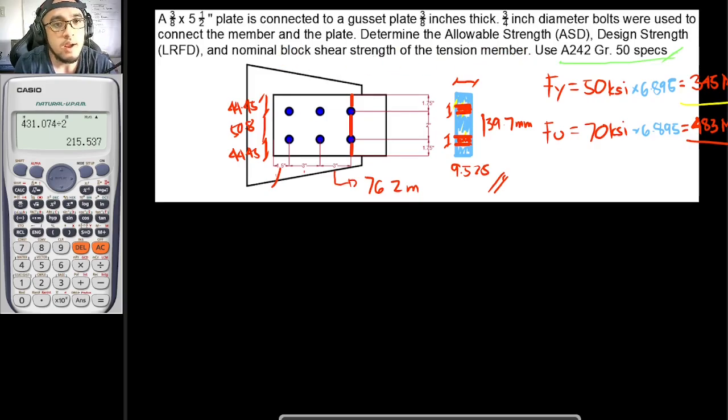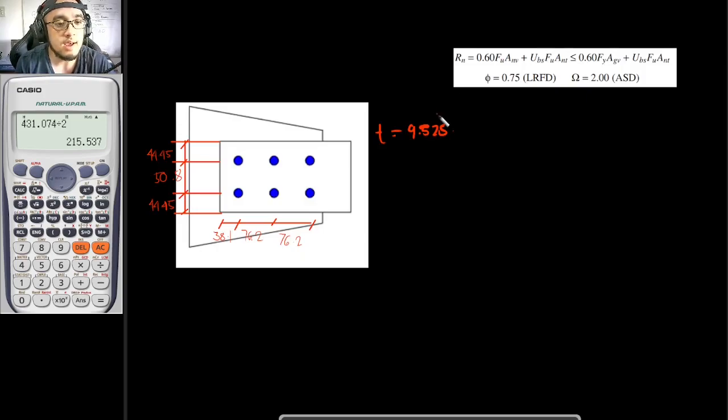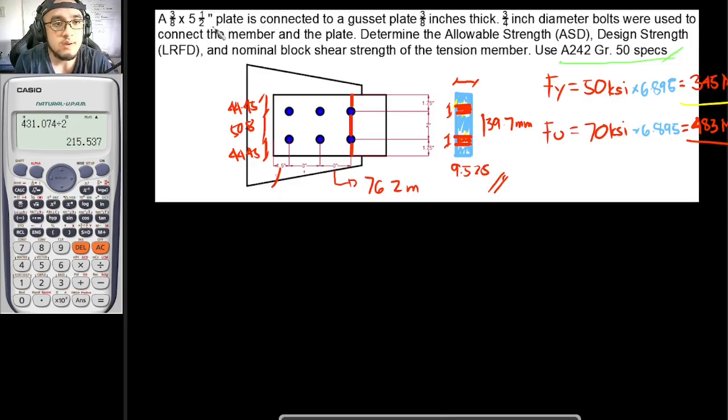Though it is indicated here that we must solve for the nominal block shear strength of the tension member, in designing or analyzing, you must solve for the block shear strength of this gusset plate and the tension member itself. But coincidentally, in the given, they have the same thickness, 3/8 inches, and they are both A242 grade 50.